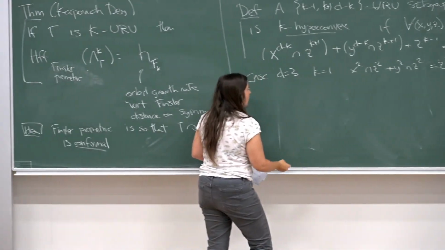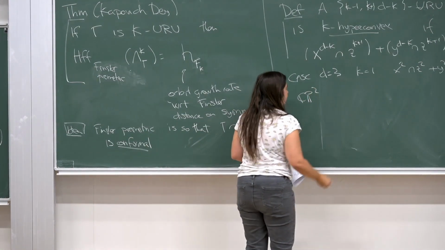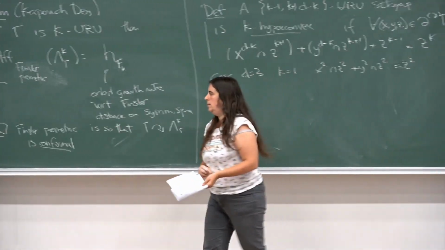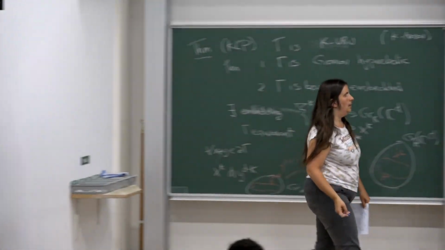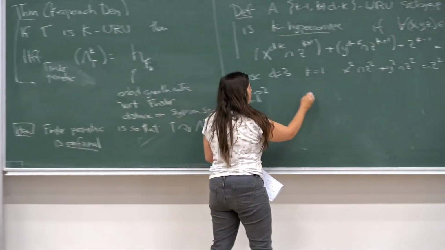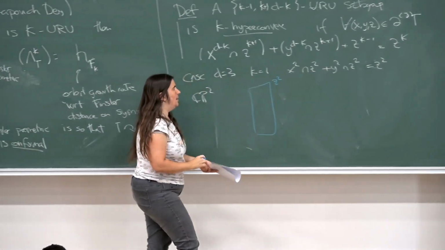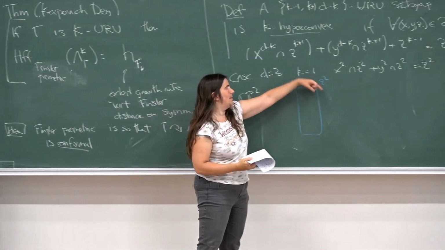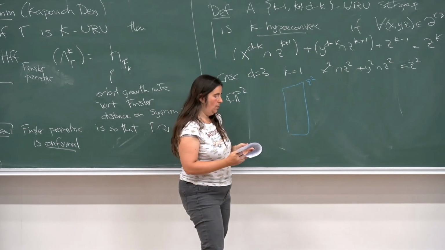And the picture is that in CP^2, I have a CP^1, which is like the projectivization: to the point z is associated a 2-dimensional vector subspace, which is a CP^1 inside CP^2.